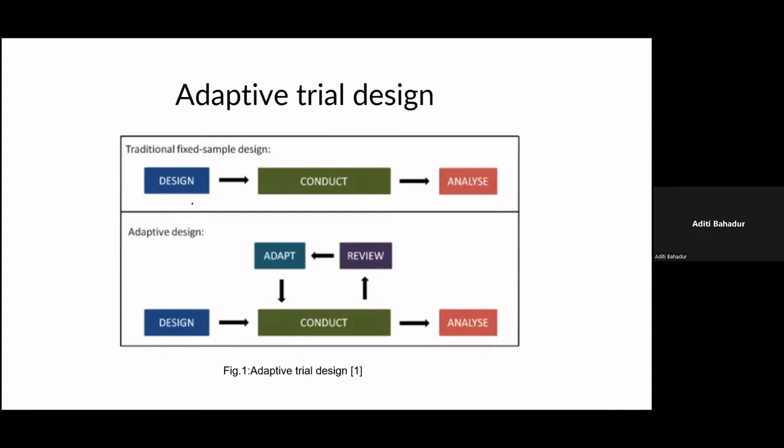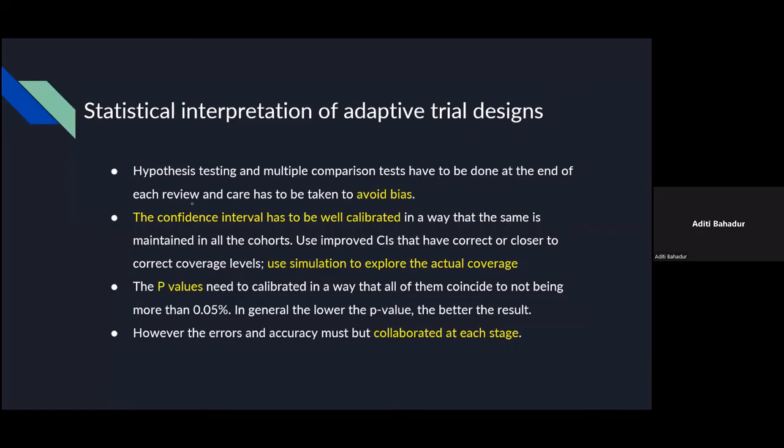So let us move on to understand the statistical interpretation, because that often is one of the most difficult parts of statistical design. Adaptive trials are trickier to analyze than traditional trials because there is a tendency to have bias, since we are consistently adapting certain endpoints, and we may not understand which one is the better endpoint because we are doing multiple comparisons.